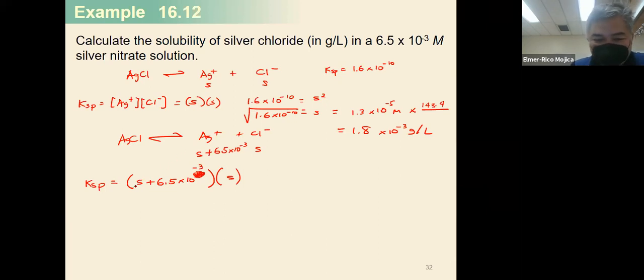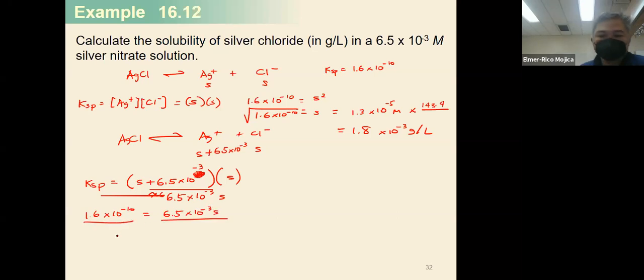We could say that S is so small, so that's just 6.5 times 10 to the negative 3 S. So you have 1.6 times 10 to the negative 10 equals 6.5 times 10 to the negative 3 S. So we have 1.6 times 10 to the negative 10 divided by 6.5 times 10 to the negative 3.